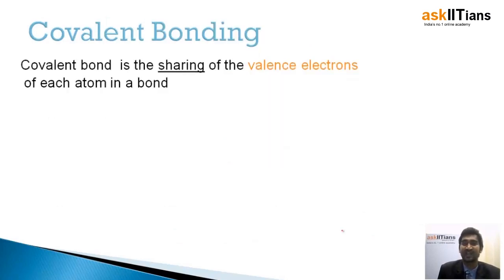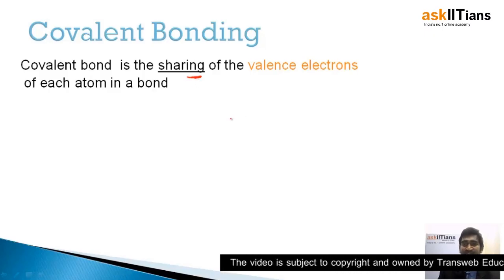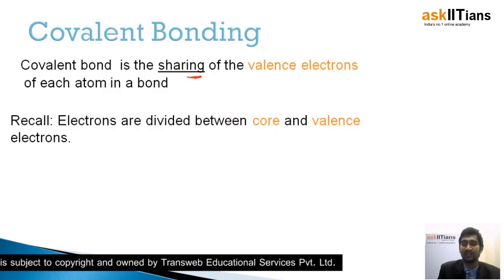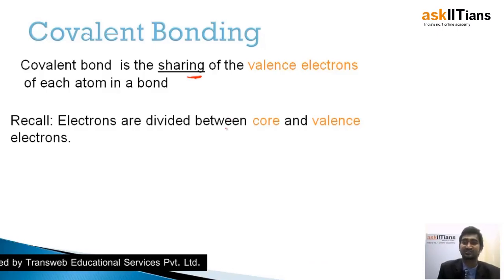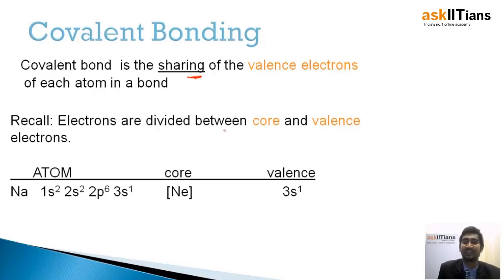Now we'll see this by an example. Covalent bonding, which I told you is sharing of valence electrons. If you recall, electrons are divided into core electrons and valence electrons, but only valence electrons participate in bond formation. These are the electronic configurations of sodium and bromine.